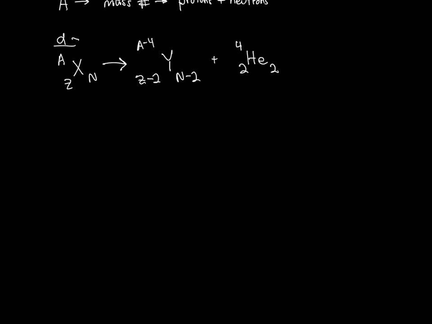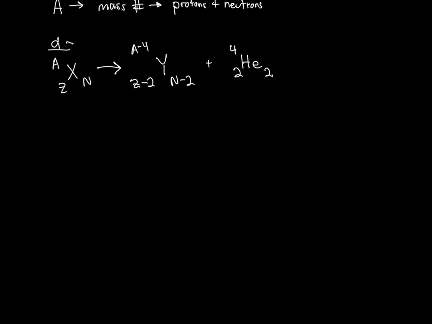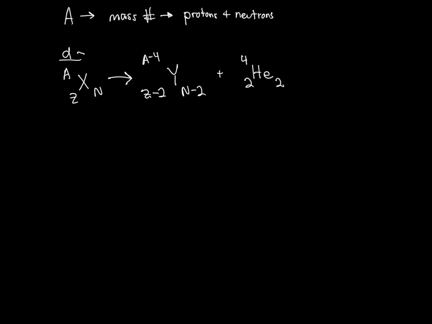Do you want to do an example of an alpha decay? Let's do an example. Pick an element. Any element in the periodic table. Cobalt. Okay, so instead of using X, which is just a general symbol, we're going to use the symbol for cobalt. What's the symbol for cobalt? CO. So we've got a nice little CO here.